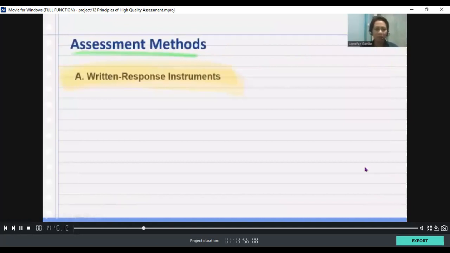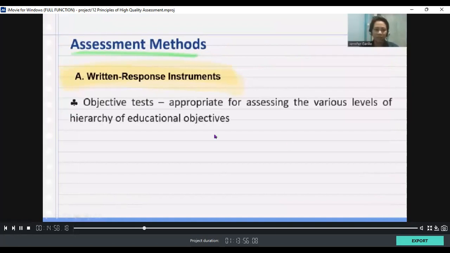Assessment methods can be in these forms. A, it could be written response instrument. So these are paper pencil test. Examples, objective test. Objective test is appropriate for assessing the various levels of hierarchy of educational objectives like the cognitive domain.